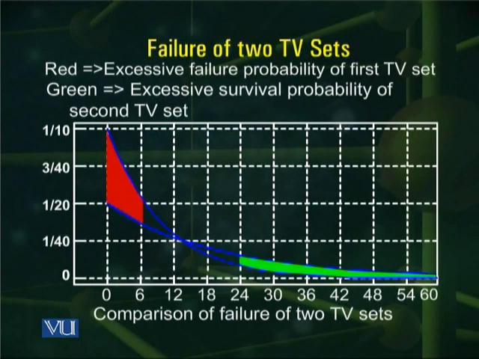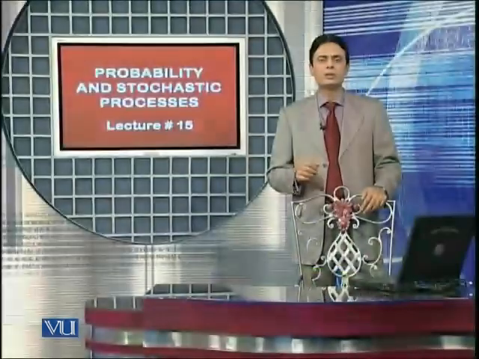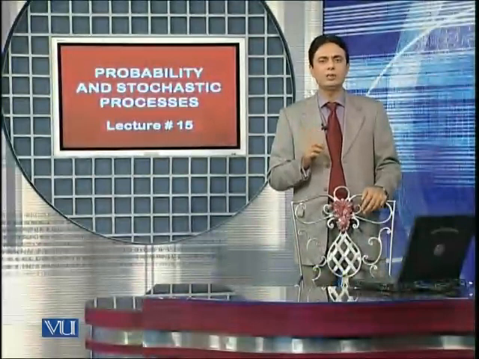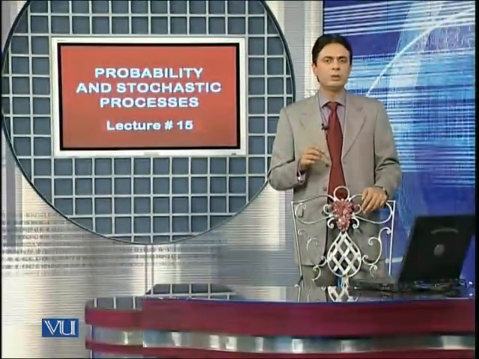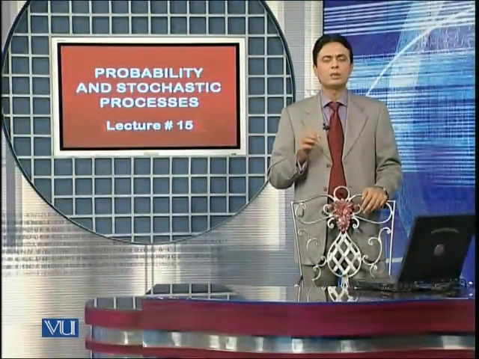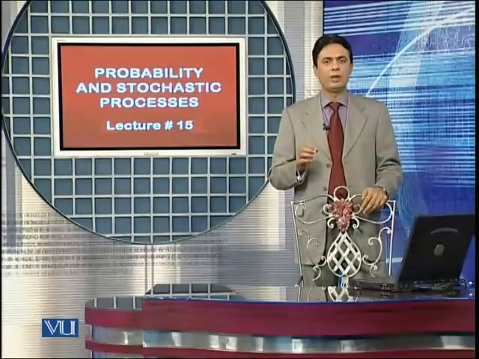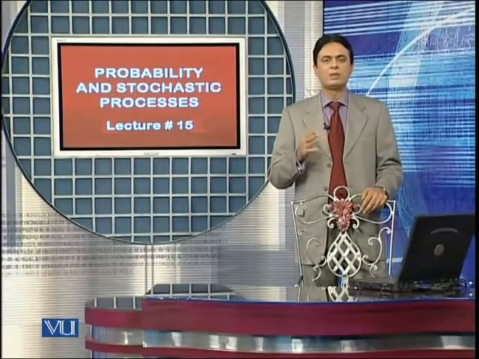It has less probability of failing during the first 6 months, and it has higher probability of surviving the first 2 years of deployment. We just discussed that an exponentially distributed random variable can be used to model the survival time, or to find the survival time, of an electronic system from its deployment.